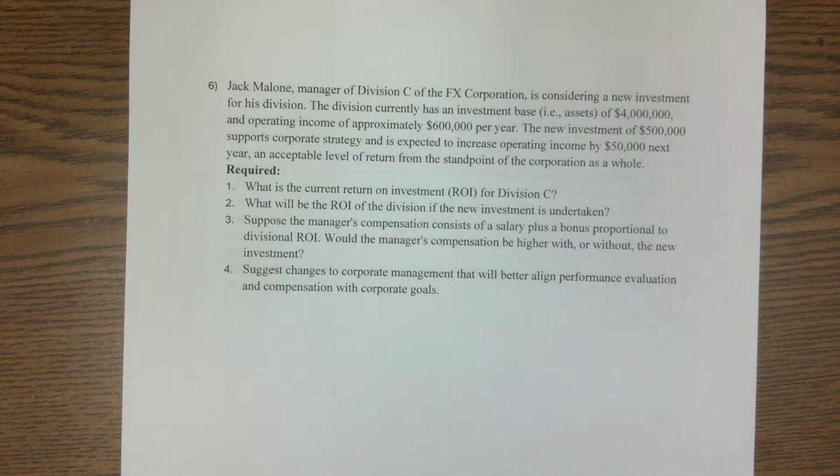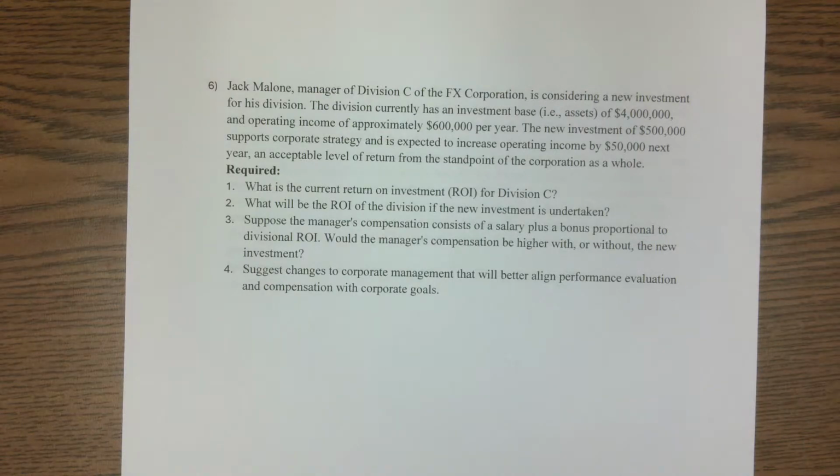The division currently has investment base of $4 million and operating income of approximately $600,000 per year. The new investment of $500,000 supports corporate strategy and is expected to increase operating income by $50,000 next year, an acceptable level of return from the standpoint of the corporation as a whole.